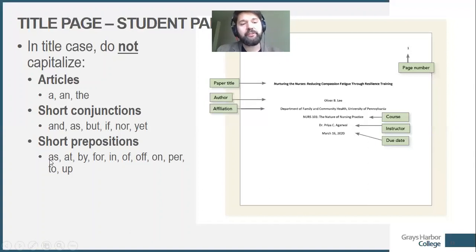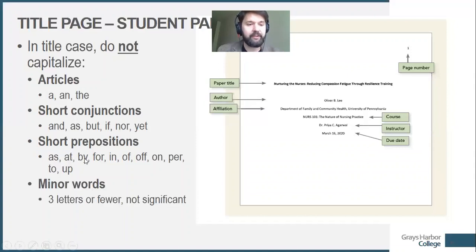Short prepositions, like any of the ones that you see here. Prepositions are words like these: as, at, by, for, in. There are also longer prepositions, words like through, between. So if a word is 3 or fewer letters and it's a preposition, don't capitalize it. Other minor words don't need to be capitalized if they are 3 letters or fewer.